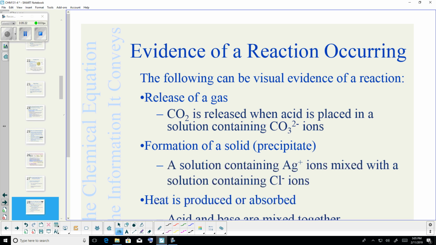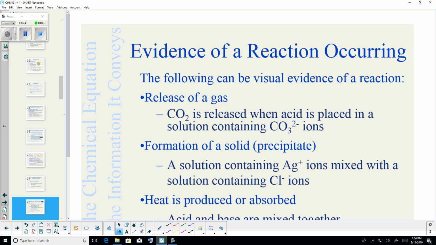How do you know a reaction occurs? If I just put A and B together, how do I know something happens? If I put salt in water, nothing happens. There's no chemical reaction. But if I put vinegar and baking soda, there's definitely a chemical reaction. What do you see? You ever put vinegar in baking soda?